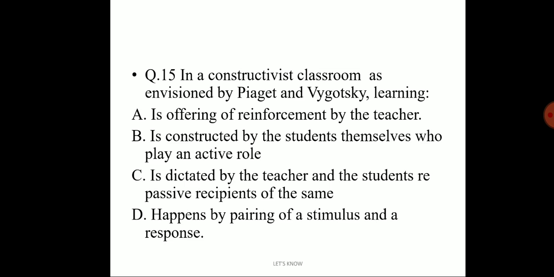Second one is given: is constructed by the students themselves who play an active role. Yes, it is said by both of them. Piaget said that students or children have the ability to get information when they interact, when they work, they experience.